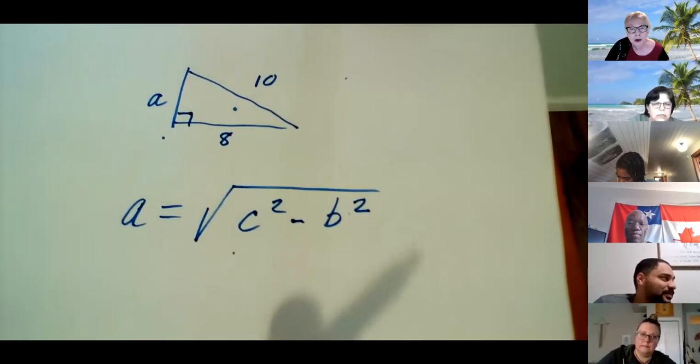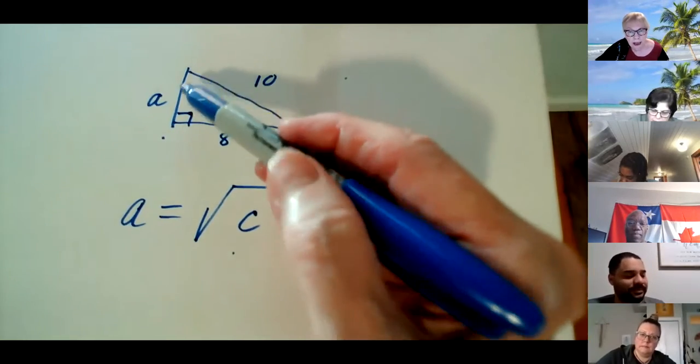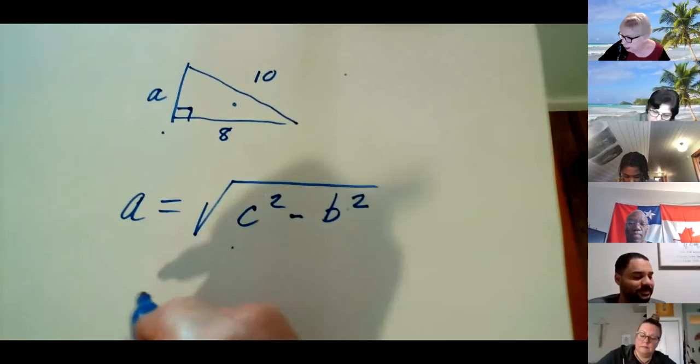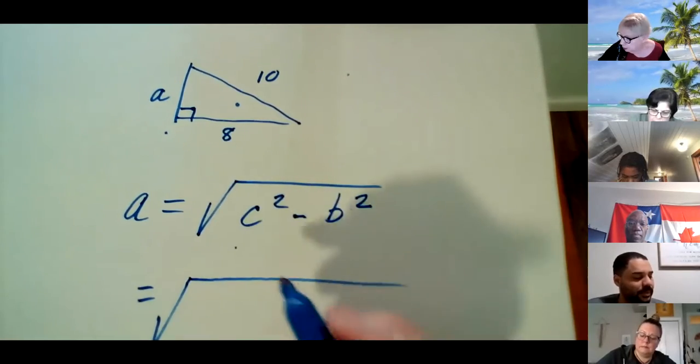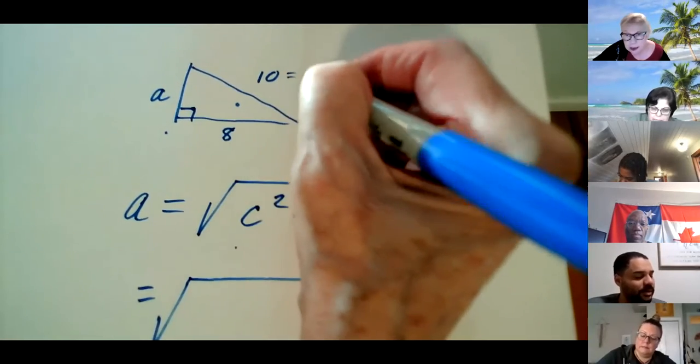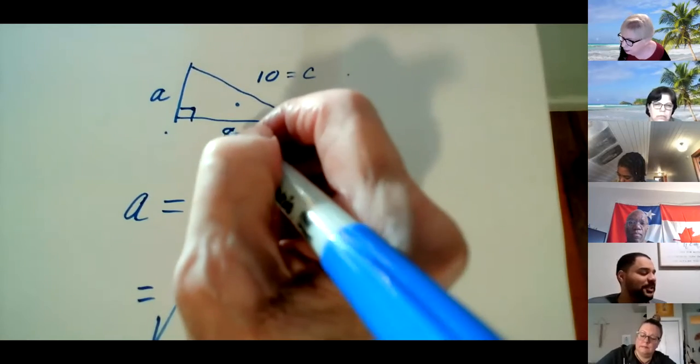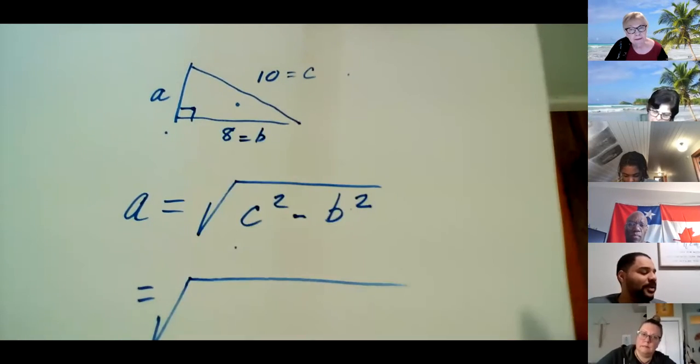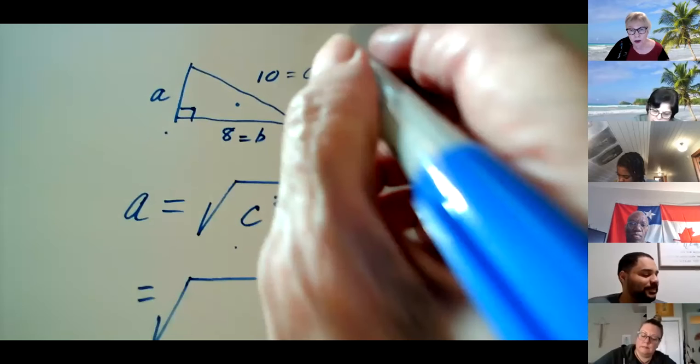So if A was missing, it's one of the legs, one of the shorter sides. This would be the formula they had. This would have to be C. By default, this would be B. So A, B, and C, the long side.